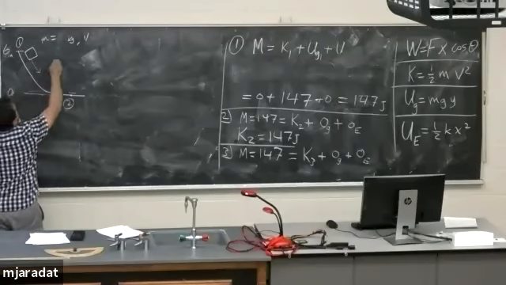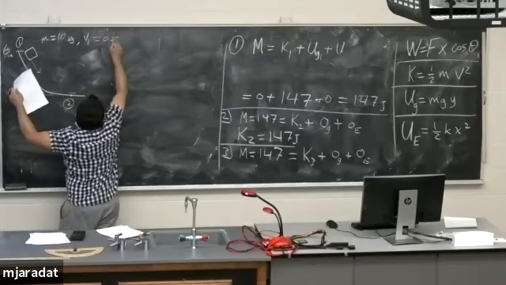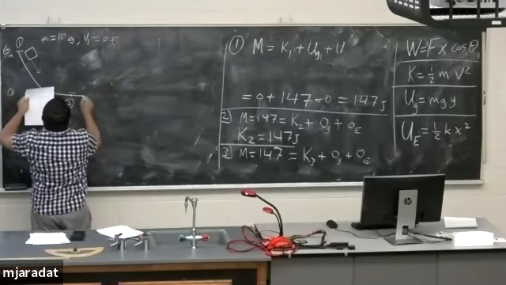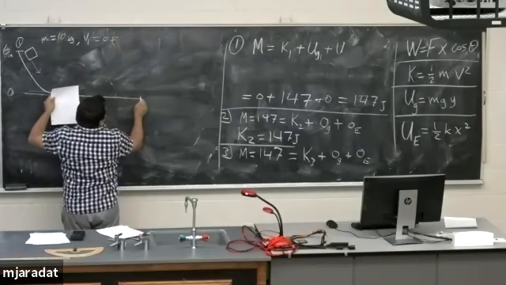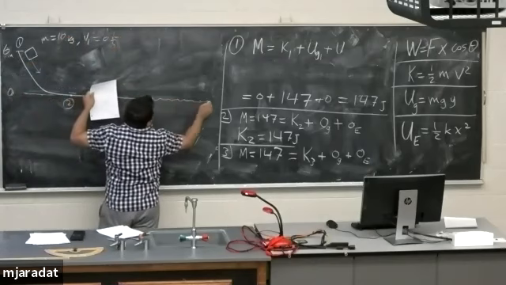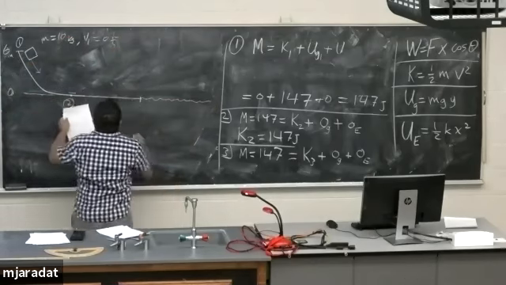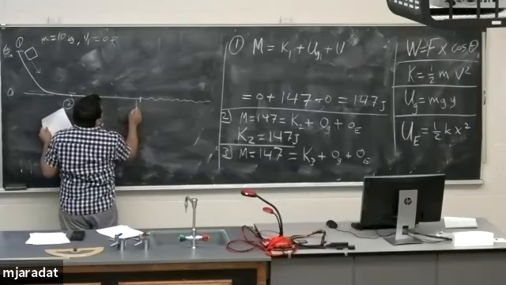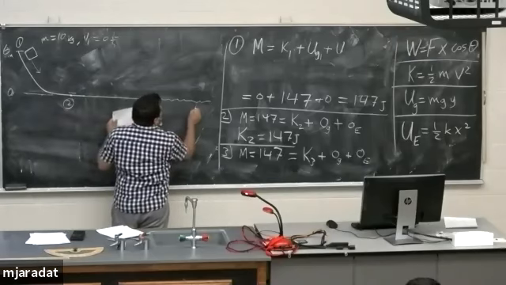This is point number 2. The mass is 10. The velocity initially is equal to 0 meter per second. We have this surface. Then at this point, the surface is not smooth anymore. This is point number 2. This is point number 3. And this is point number 4.